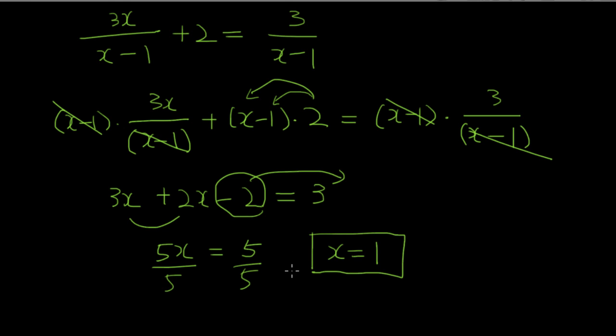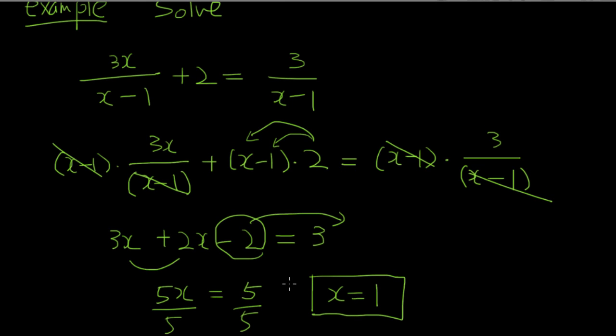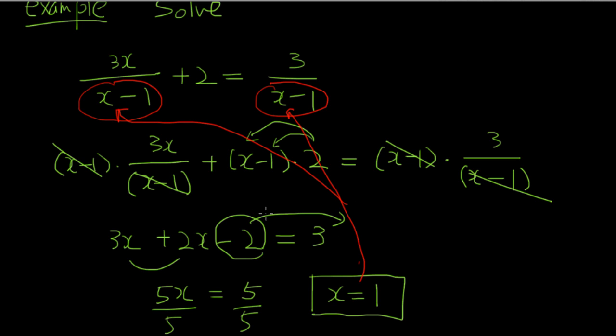Okay, so far this is the solution that we have. Now, let's check whether this answer is okay with any one of the original equations. Let's check here and here. If we replace this x by 1 here, in the same way here, then as you can see, the denominator of these two is going to go to 0, which means this is no good, right?